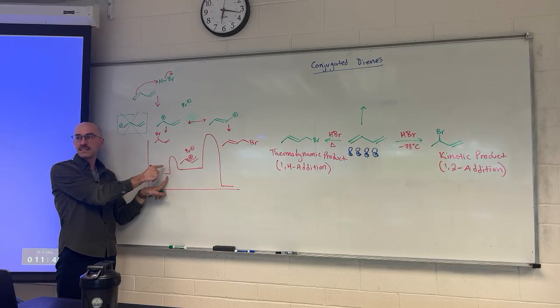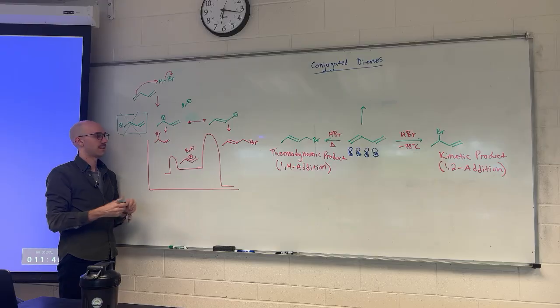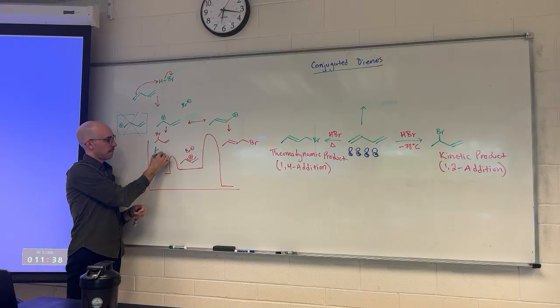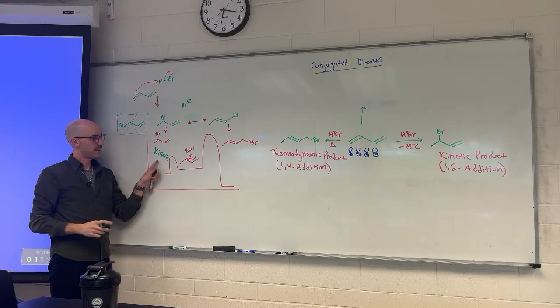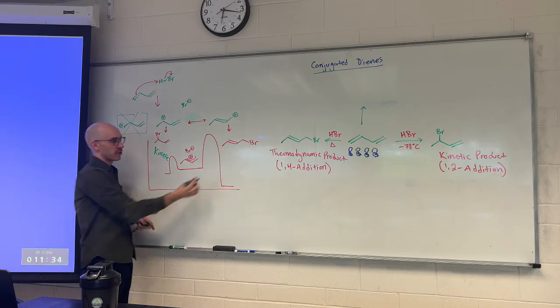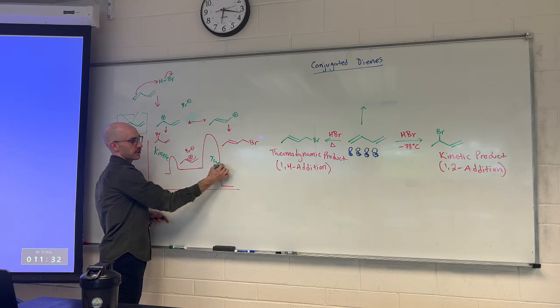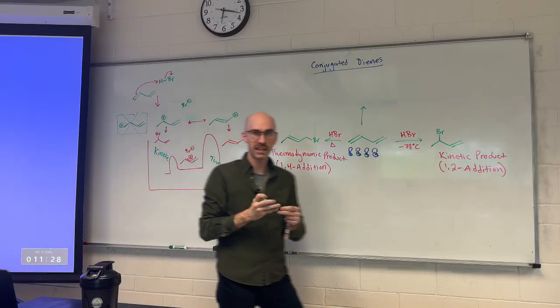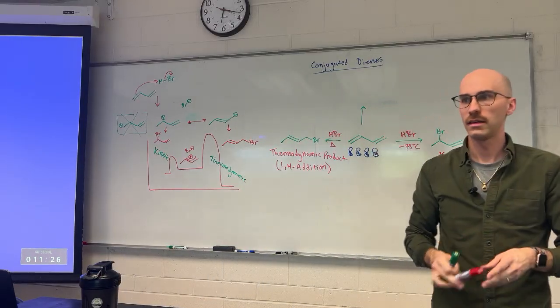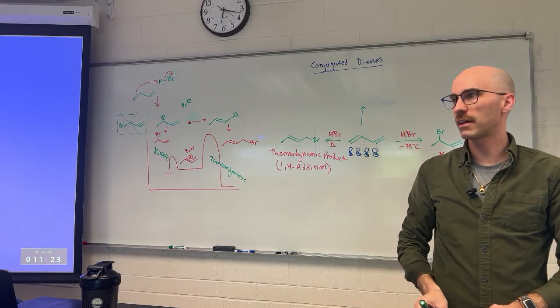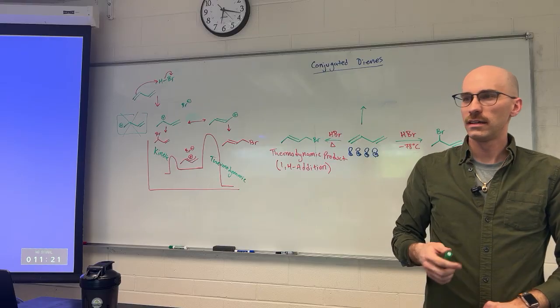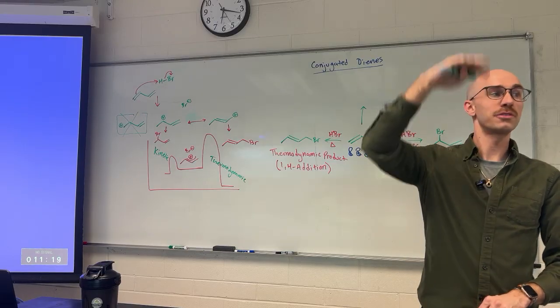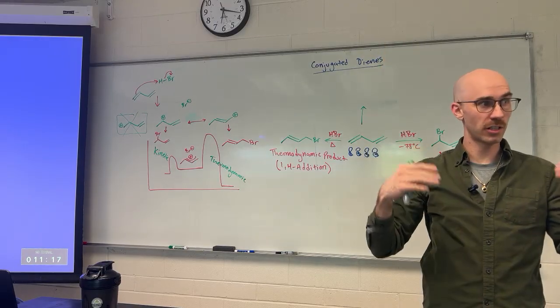This requires the least amount of energy: kinetic. This requires more energy, but gives more stability: thermodynamic. I remember thermodynamic more easily than kinetic because it is the most dynamic part of the reaction coordinate diagram.